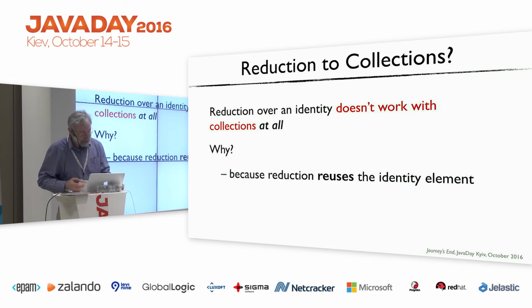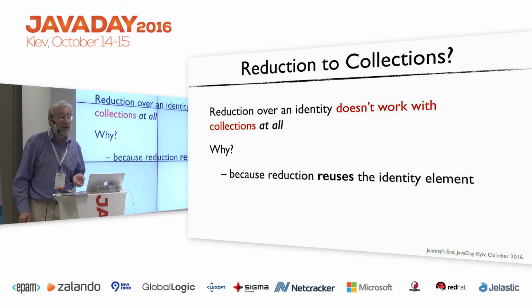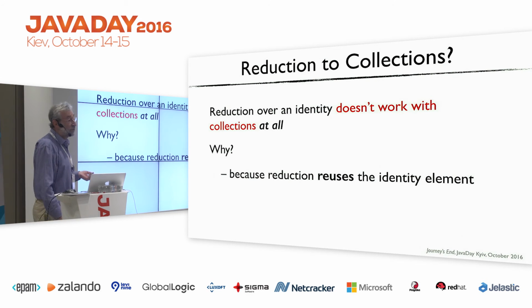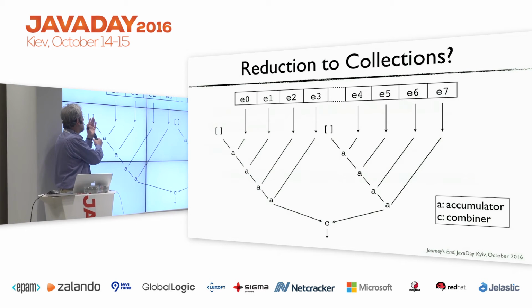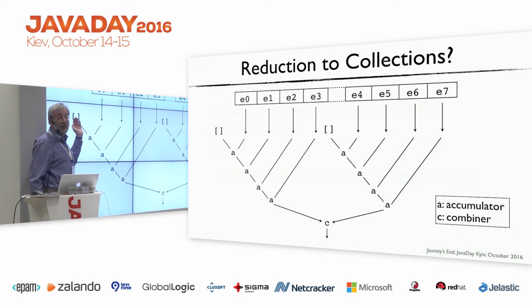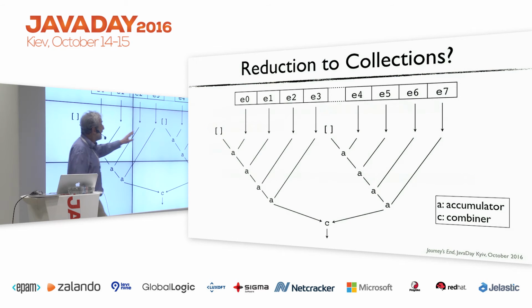I was so pleased with myself that I found a reasonably hard question to ask with a single answer. Reduction reuses the identity element. So the problem is that one thread would work with this, only one copy of an empty collection is going to be created. The whole idea of reduction is that because it depends on immutability, the assumption is it can use the same identity element in different places.